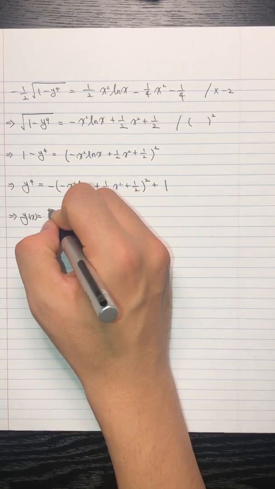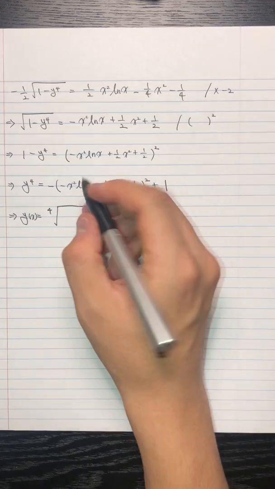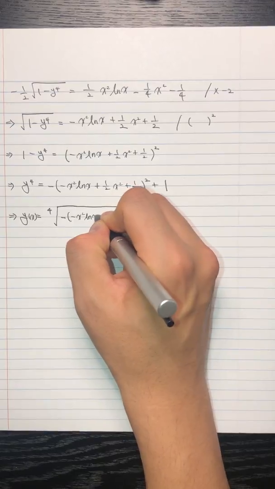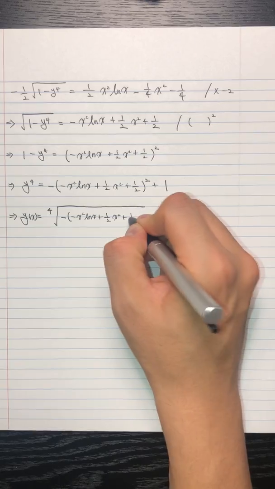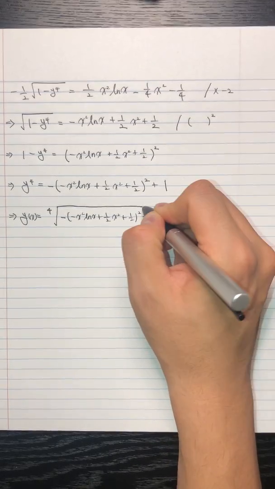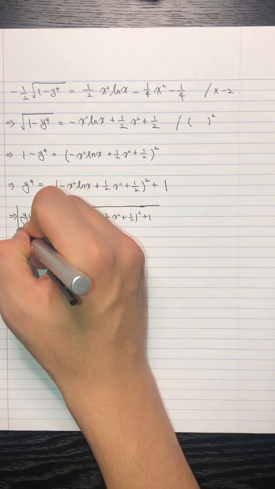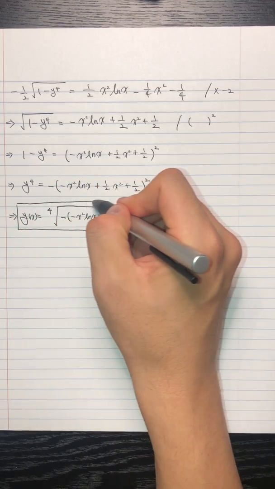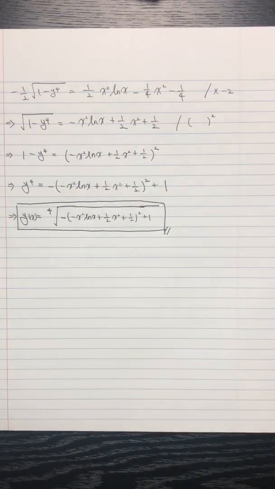Equal to the fourth root of minus (minus x² ln x plus 1/2 x² plus 1/2) squared plus 1. Finally, we can find the right answer to this problem. So that's about it.